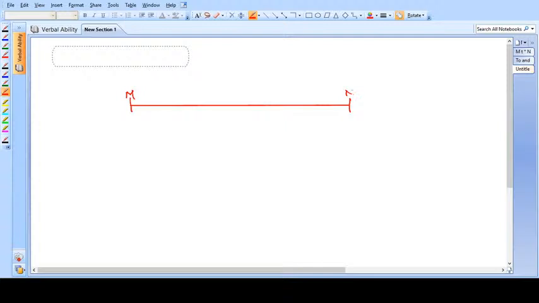M and N will be the terminals, and A and B are moving with a speed of 12.